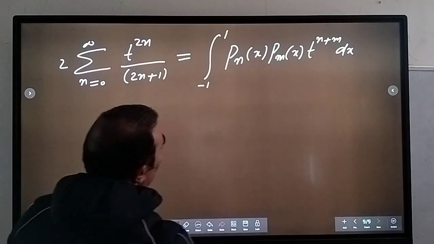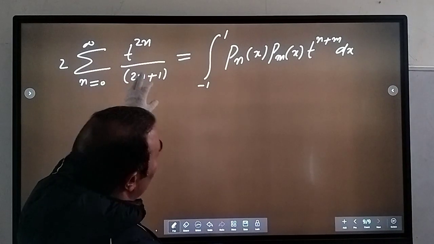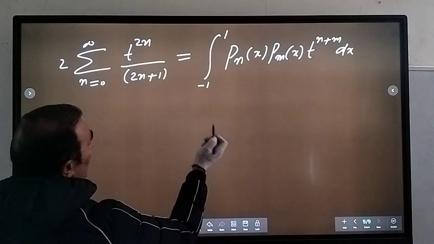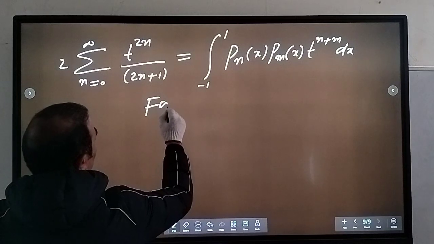Okay. Now you can equate the coefficients of t raised power, for n equal to m.